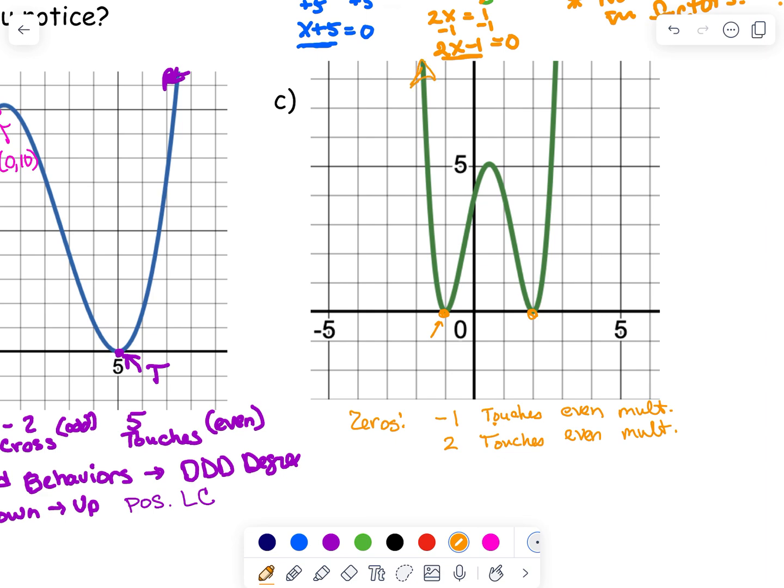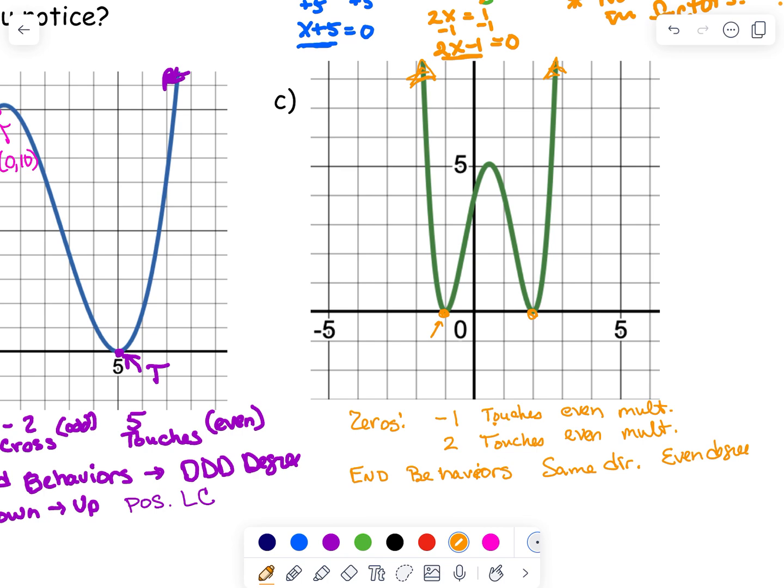We know our end behaviors are going in the same direction. So that means that it has an even degree.